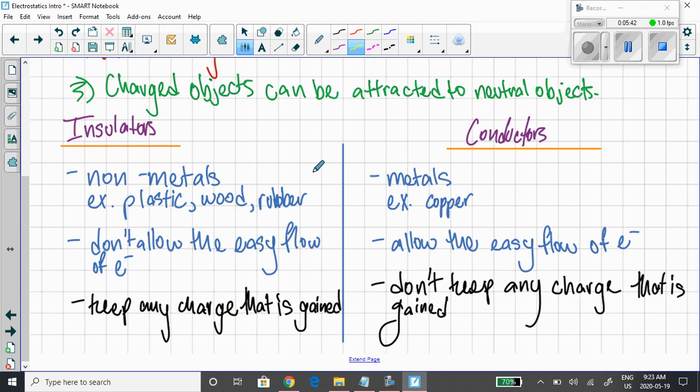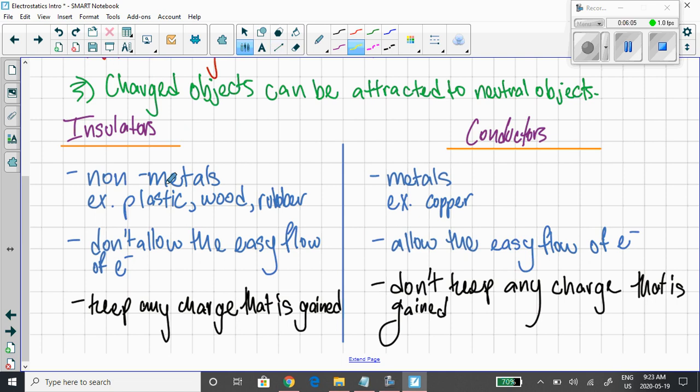And the last bit of today's lesson is that when we talk about this quantity of matter, this characteristic of matter called electric charge, matter really falls into two categories. One of the categories is called the insulator.